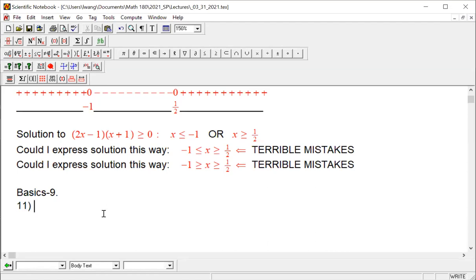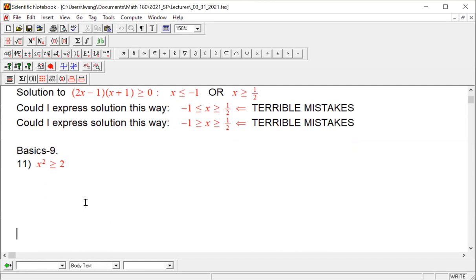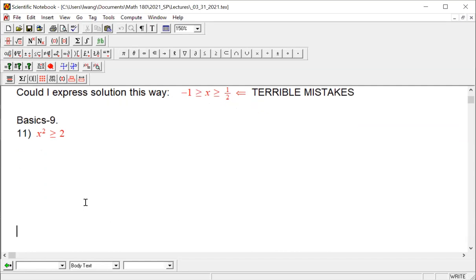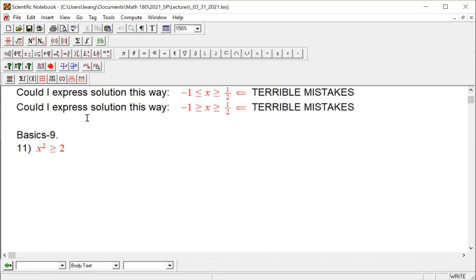Number 11. We have x squared greater than or equal to 2. How do we solve it?